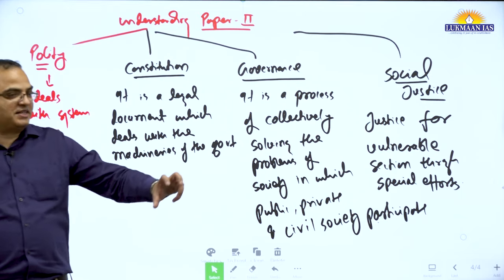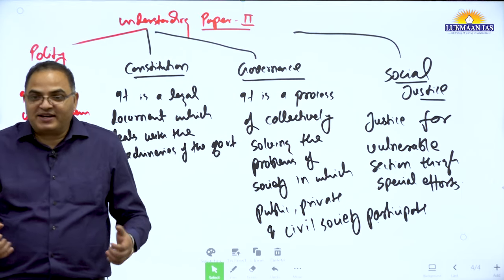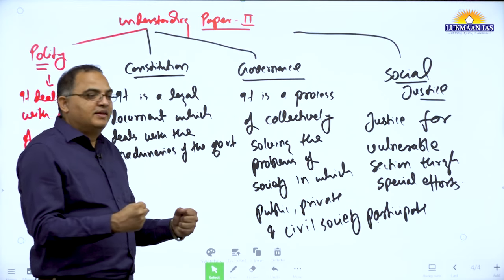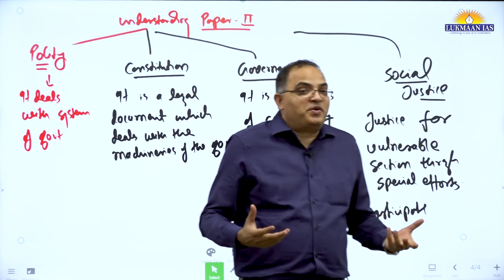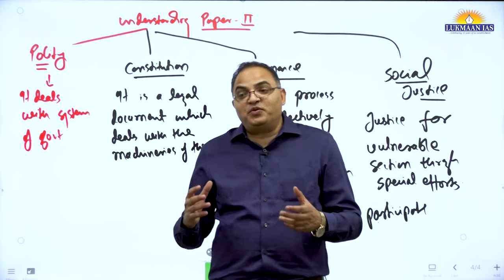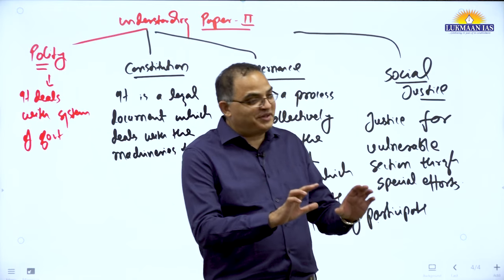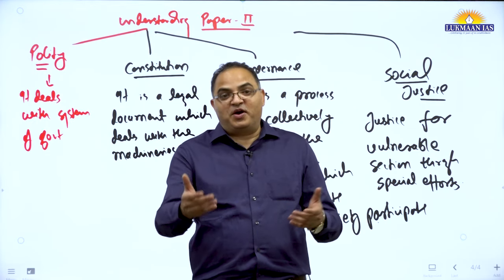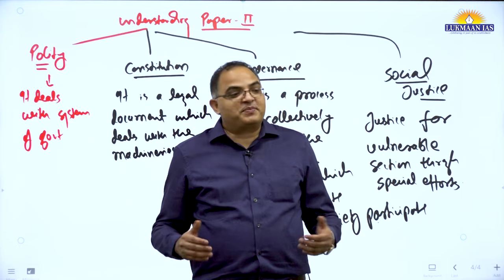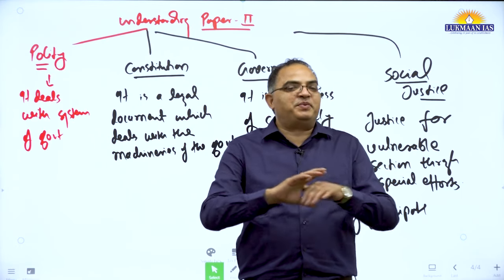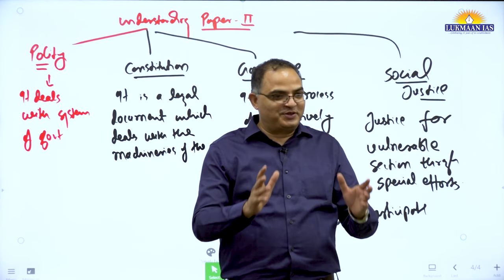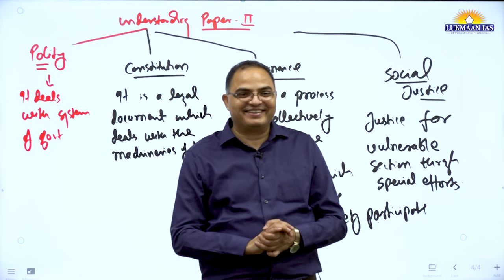More and more backwardness, poverty, that is inspiring you, that you want to play your role. Somehow, somewhere you feel that people should not suffer. That is how you are inspired. But let's take a hypothetical situation, there is no poverty. Will you be inspired to join civil services?